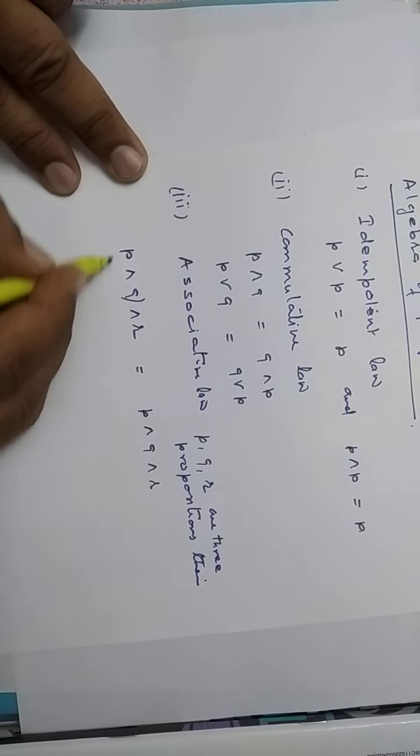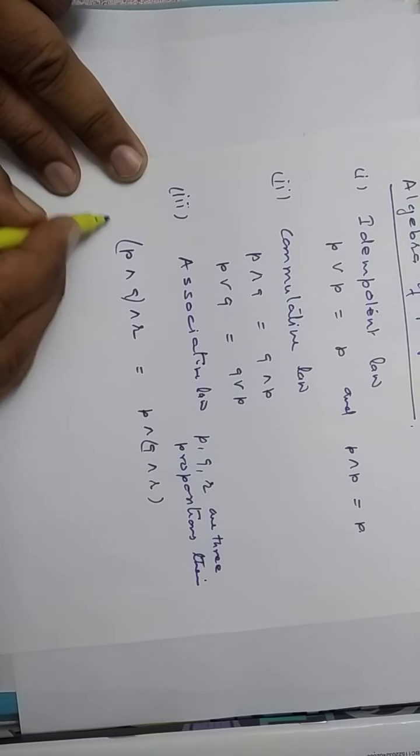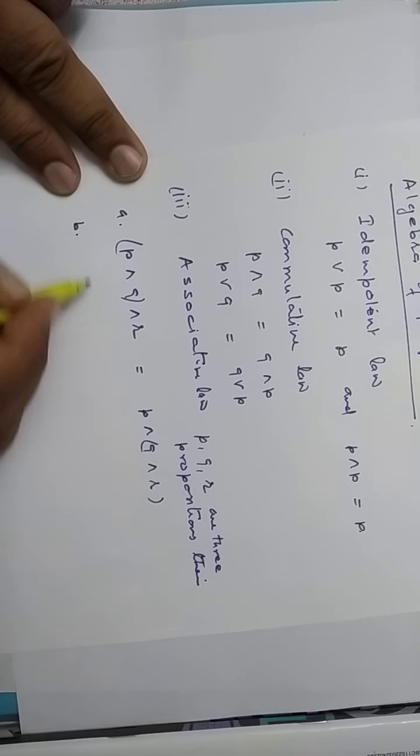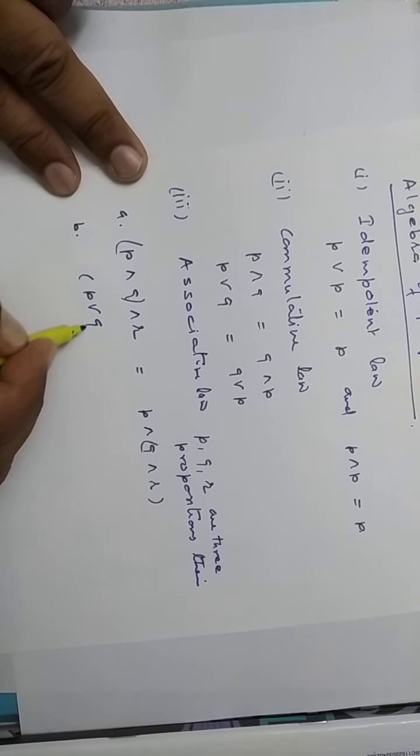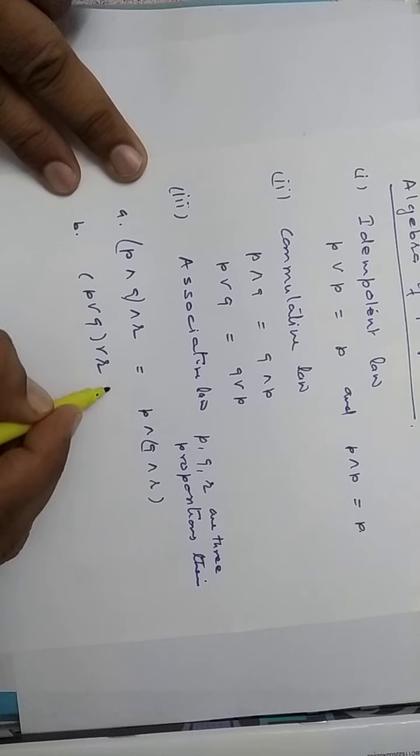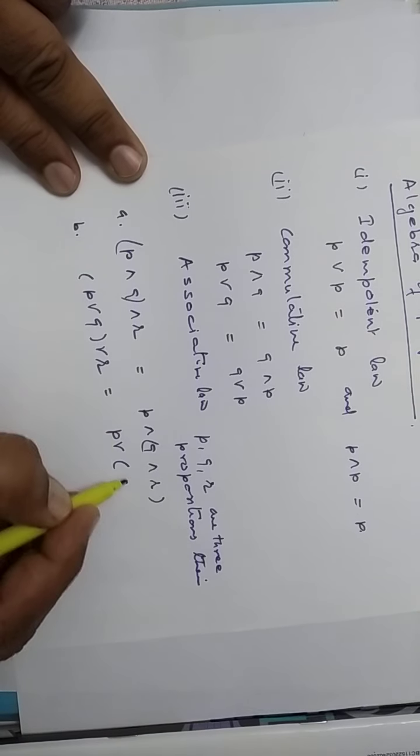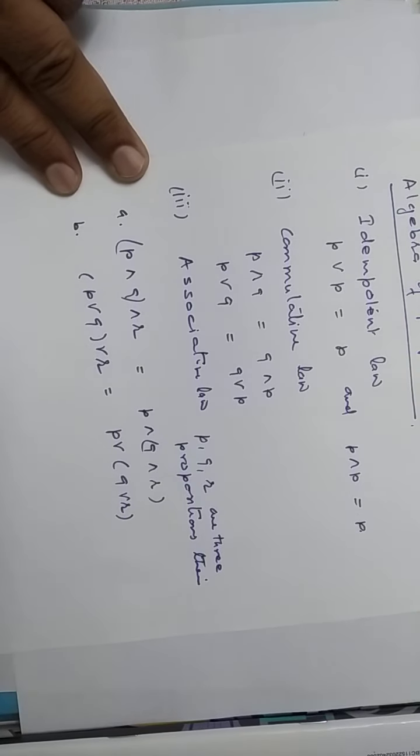This is the grouping. Similarly, (P join Q) join R is equal to P join (Q join R).